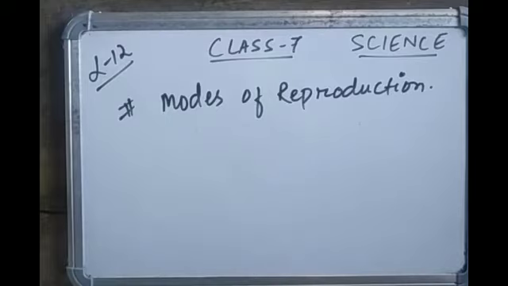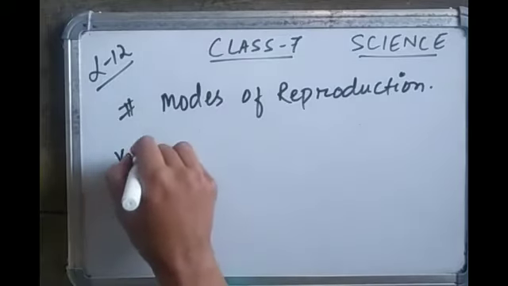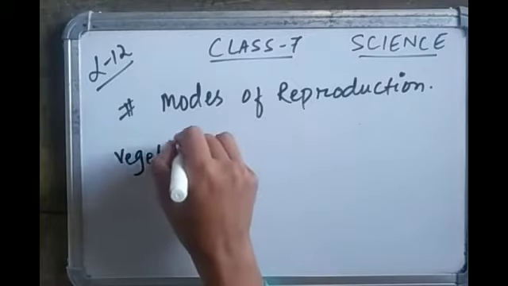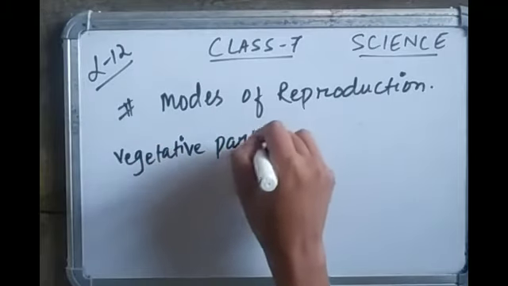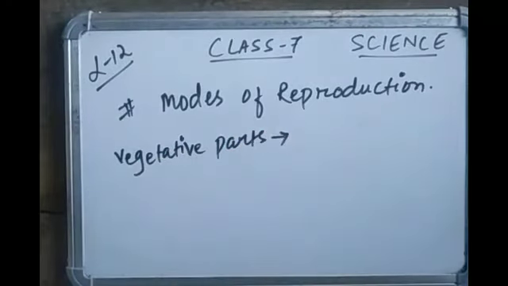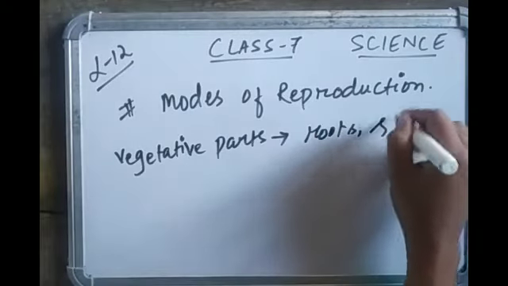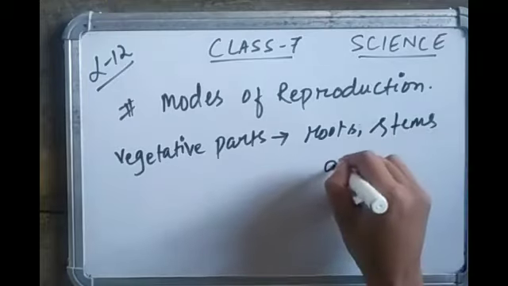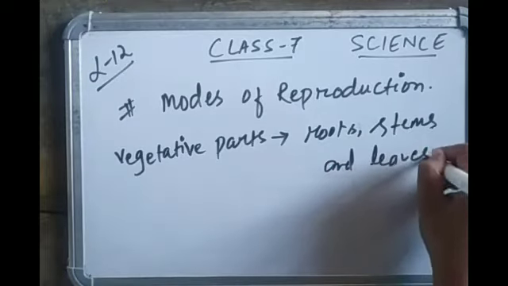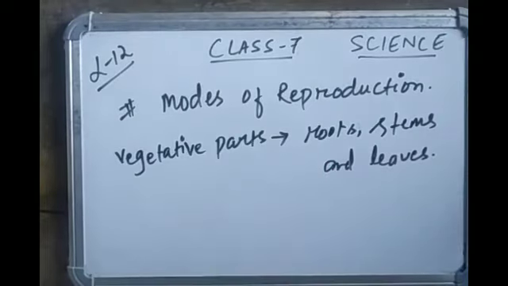These are called the vegetative parts. Roots, stems and leaves are vegetative parts.